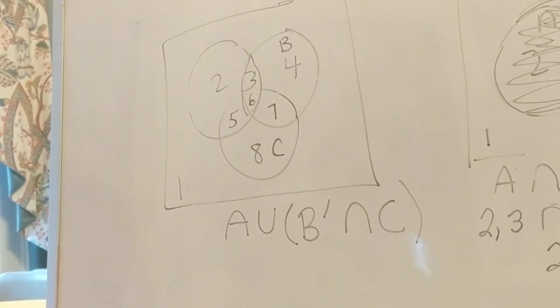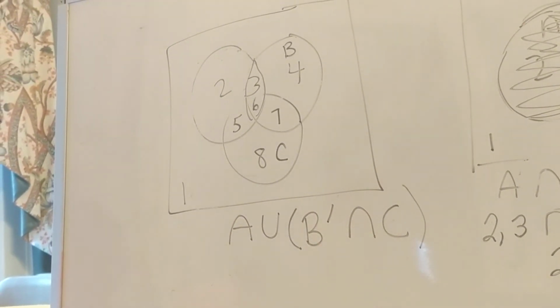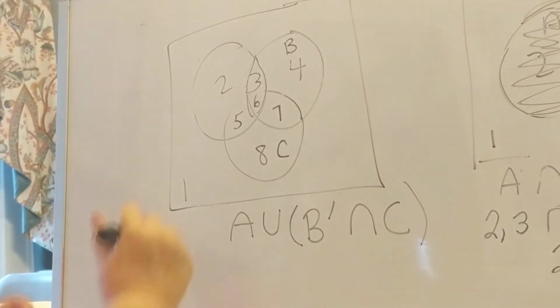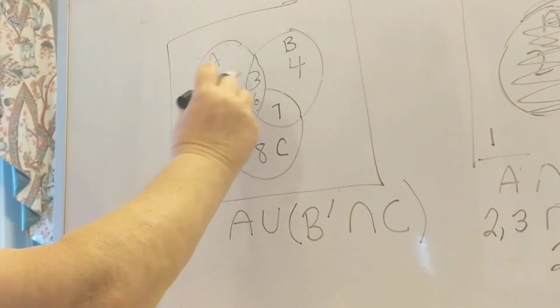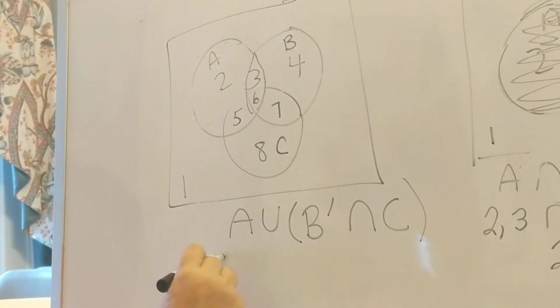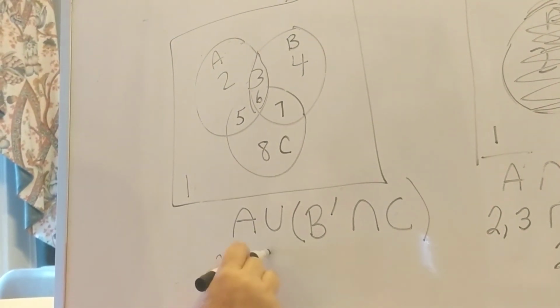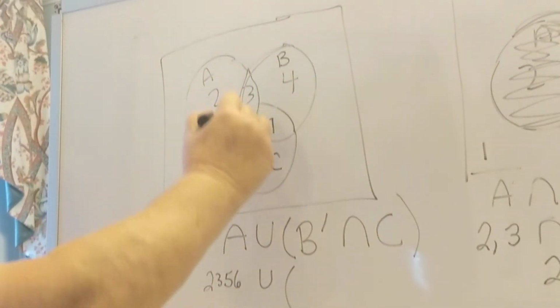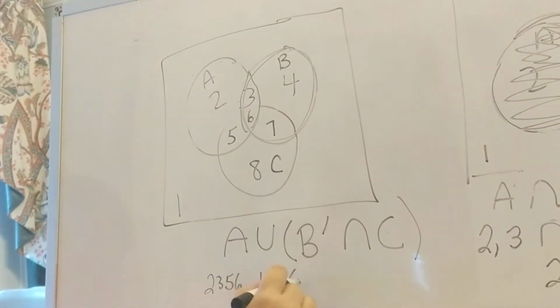Alright, now we all know that in math you do parentheses first. But I'm going to go through and I'm just going to number these. Alright, circle A I know is 2, 3, 5, 6. What's not in B, anything that's not in circle B, would be 1, 2, 5, 8.